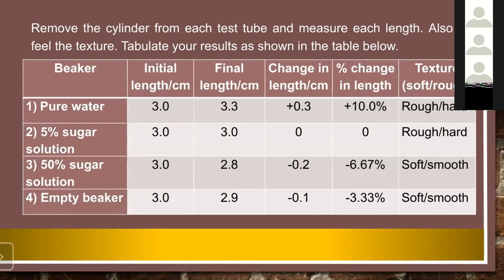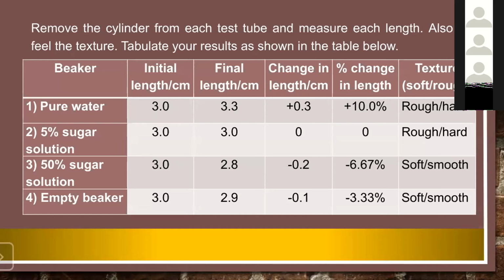The percentage change is obtained by dividing the change in the length by the initial length, then multiplying it by 100%. That gives us the percentage change in the length. So for pure water, it is 10%. For 5% sucrose, it is 0.